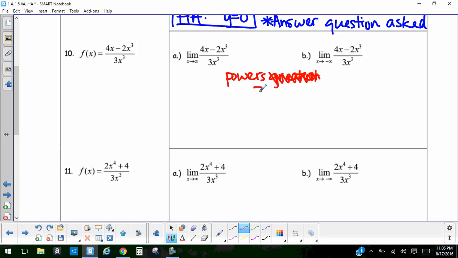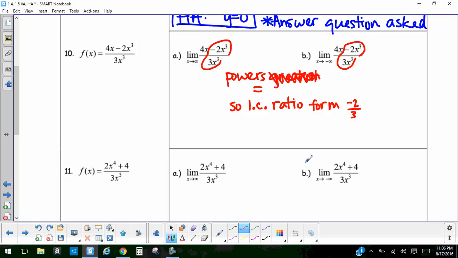So powers are equal. Okay, so now I'm going to look at leading coefficients. That's the case I'm in when they're equal. So I'm going to abbreviate LC for leading coefficient. Leading coefficient ratio is got to be in the form of negative 2/3.